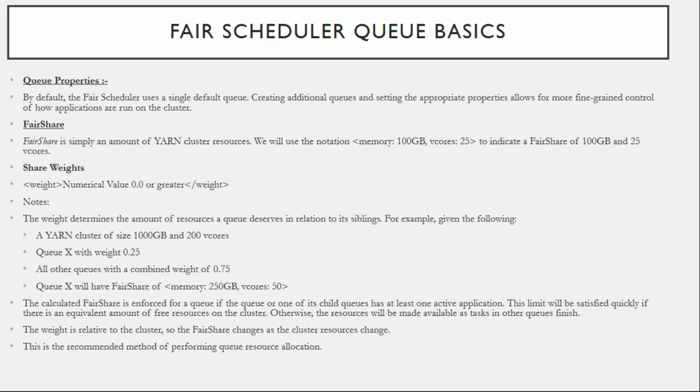You'll have memory and virtual cores that indicate how much fair share you can give. Now for a YARN cluster size of 1000 GB and 200 cores, a queue X with weight 0.25 means all of the other queues will have a combined weight of 0.75 and your queue will have 0.25. That's how the fair scheduling concept works.